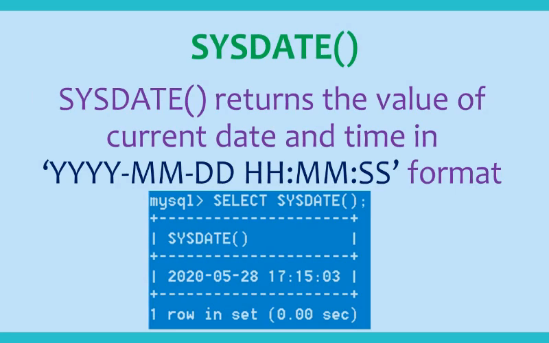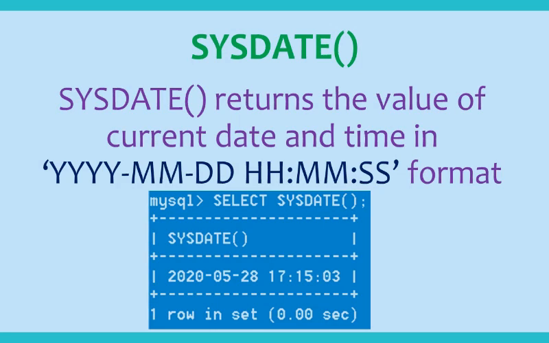Next function is sysdate. The sysdate returns the value of current date and time in YYYY-MM-DD HH:MM:SS format.